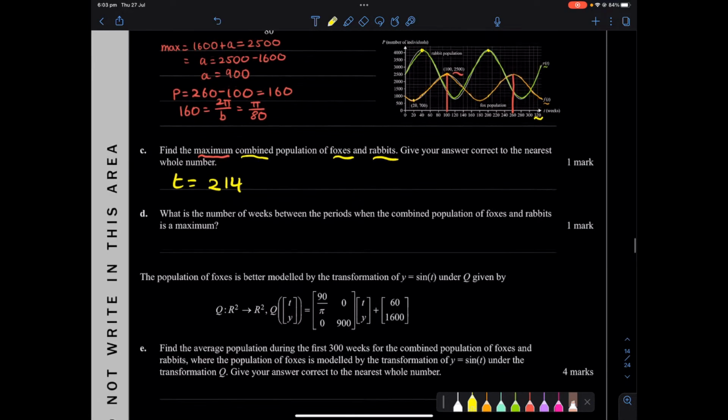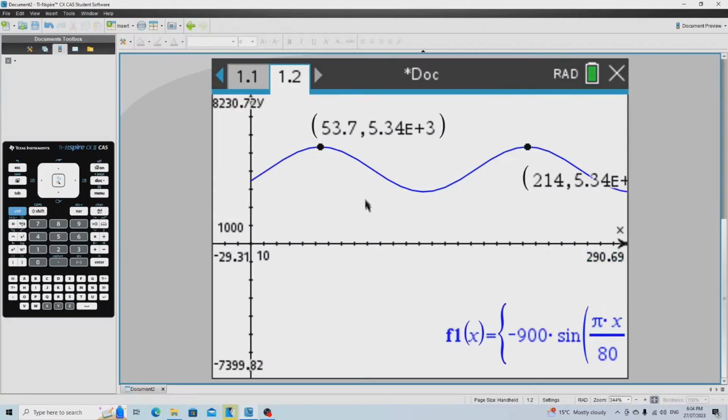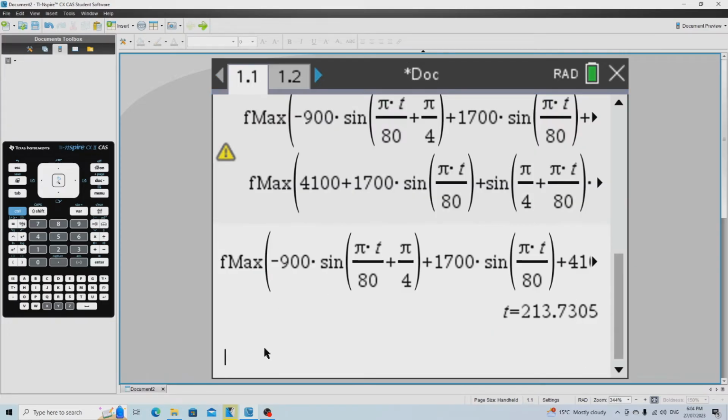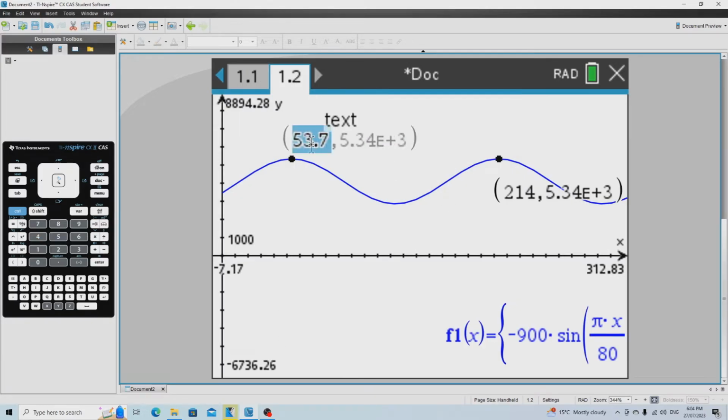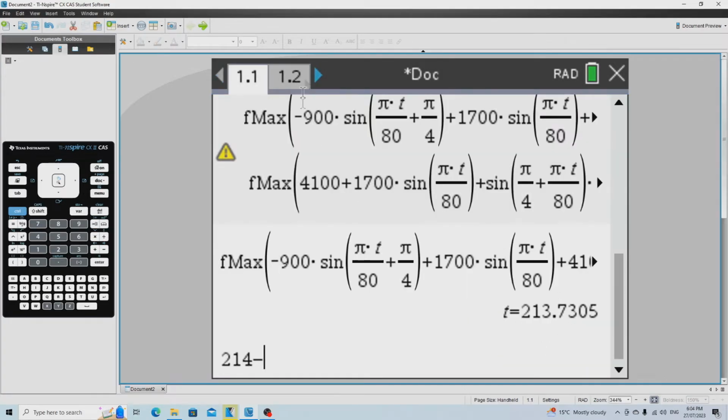That's your maximum number. What is the number of weeks between the periods when the combined population of foxes and rabbits is a maximum? Well, we have the graph, and it's just the difference between these two over here. So 214 minus this value over here, which we can copy.